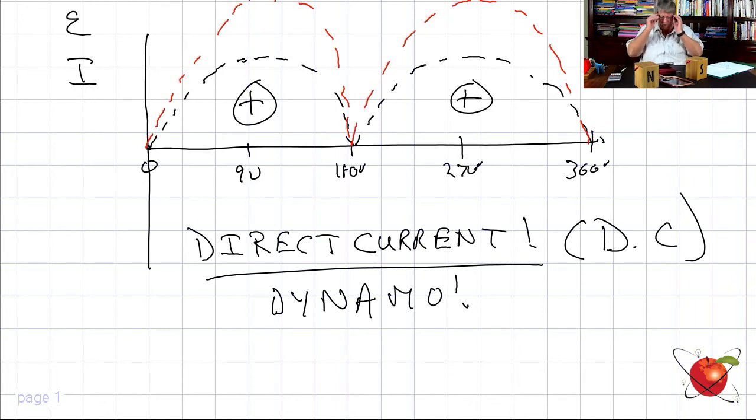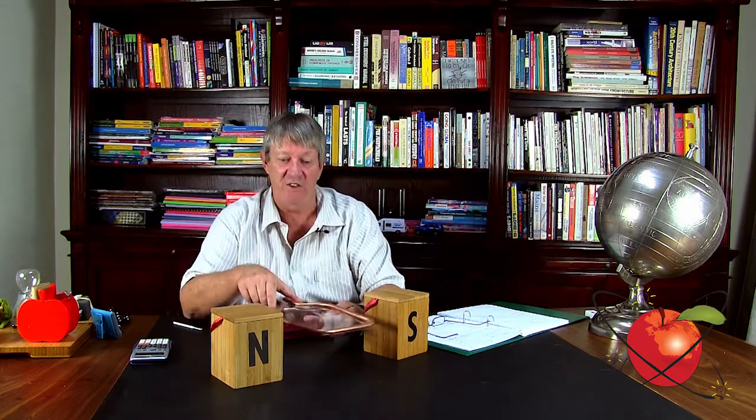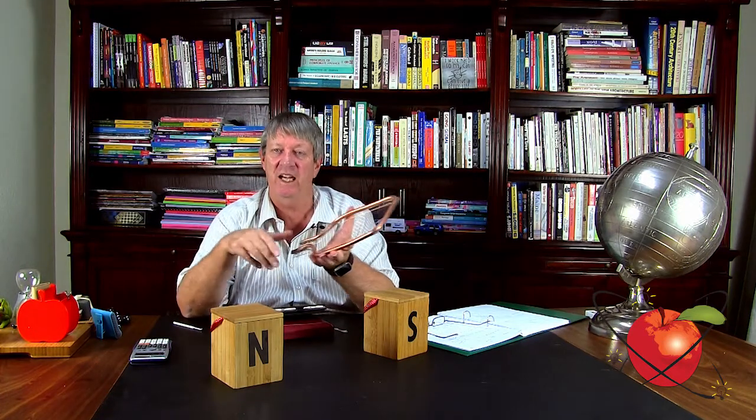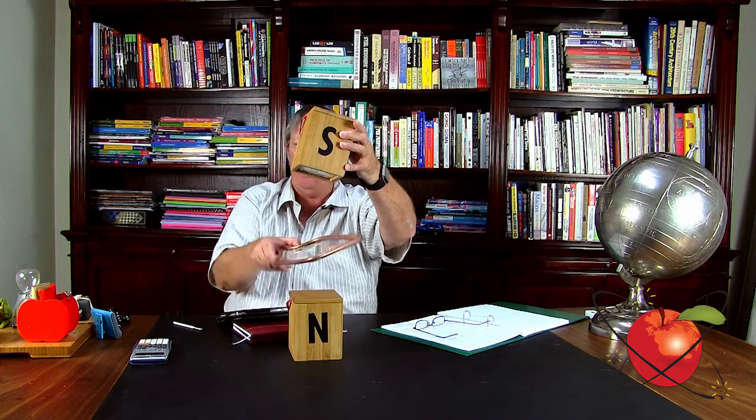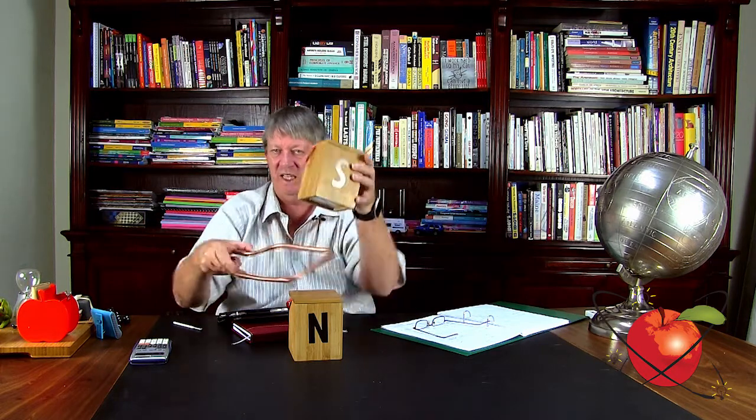So now we need to look at what we are actually doing. Common to both is spinning a coil in a magnetic field. Please note the magnetic field could be there, and the coil could be this way or that way.